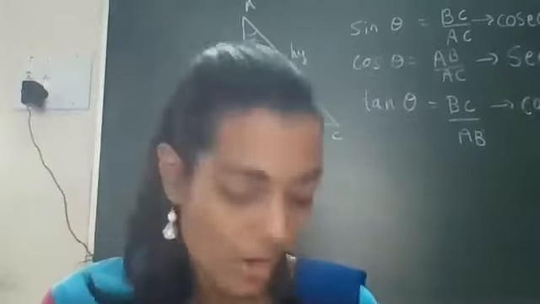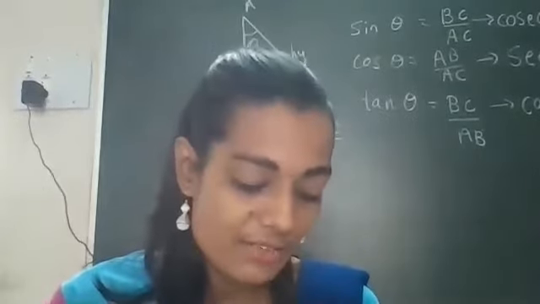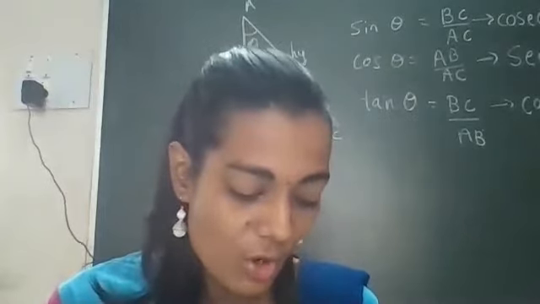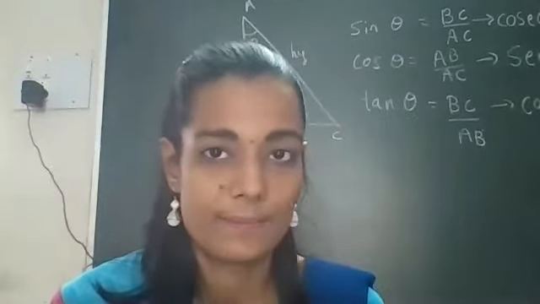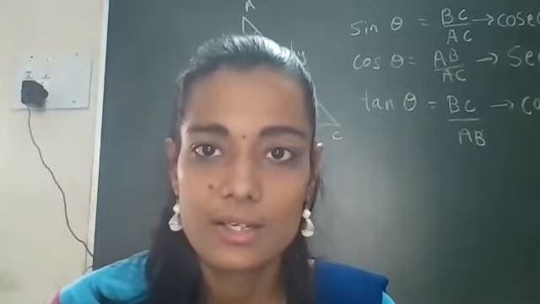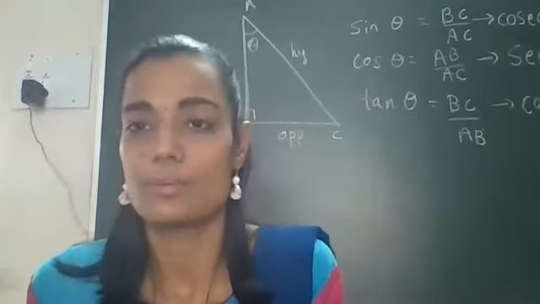On page number 178: given that tan A is equal to 4 upon 3, find the other trigonometric ratios of angle A. Understood this question first? Yes, now we are going to solve this.